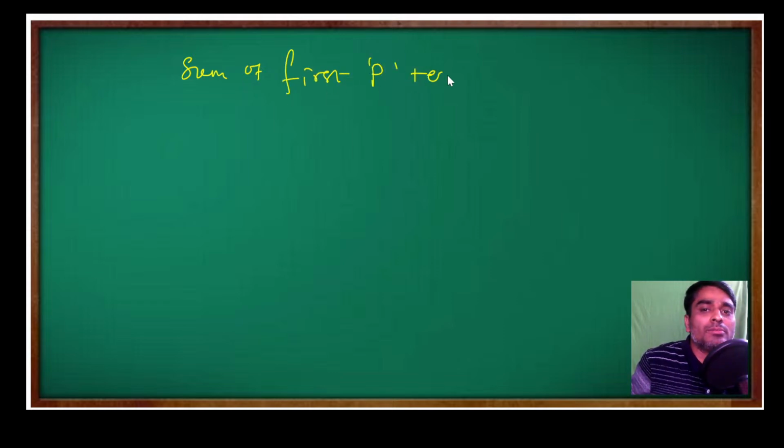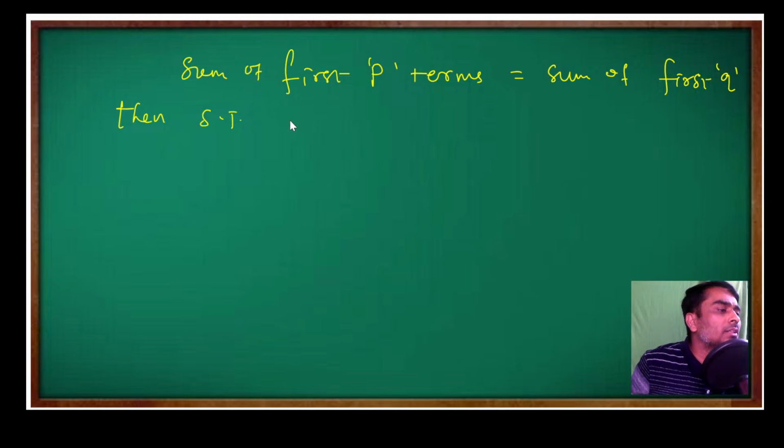Okay, next one more. Sum of first p terms is equal to sum of first q terms. Then show that sum of its p plus q terms equal to 0.